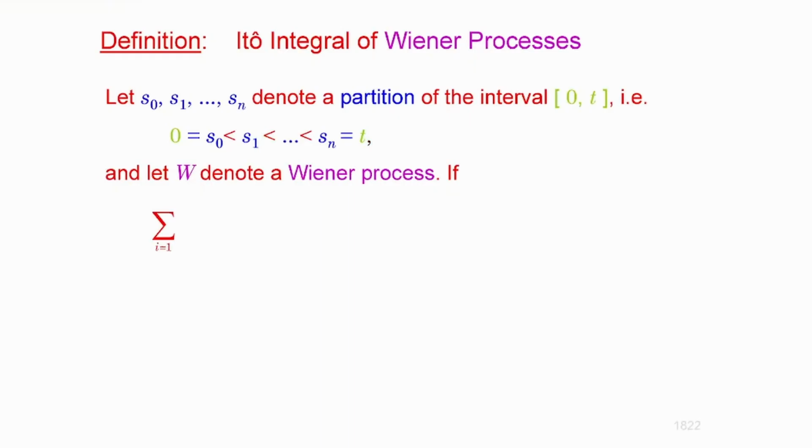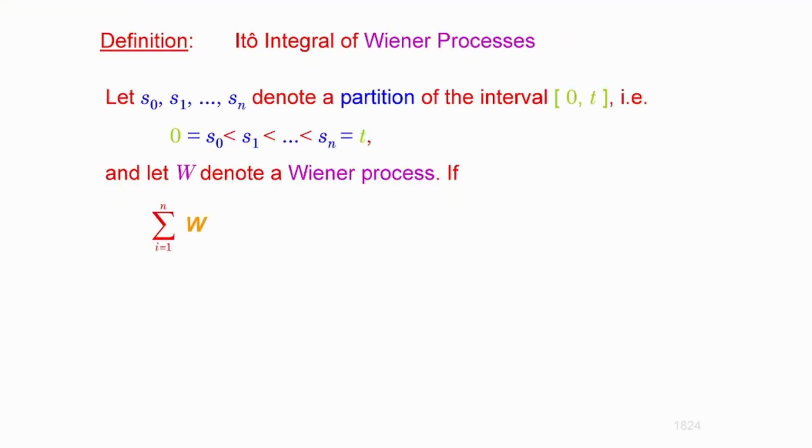And the most important part regarding the Ito integral was that it only considers the Wiener process, which is the integrand right now, the Wiener process at the lower endpoint.